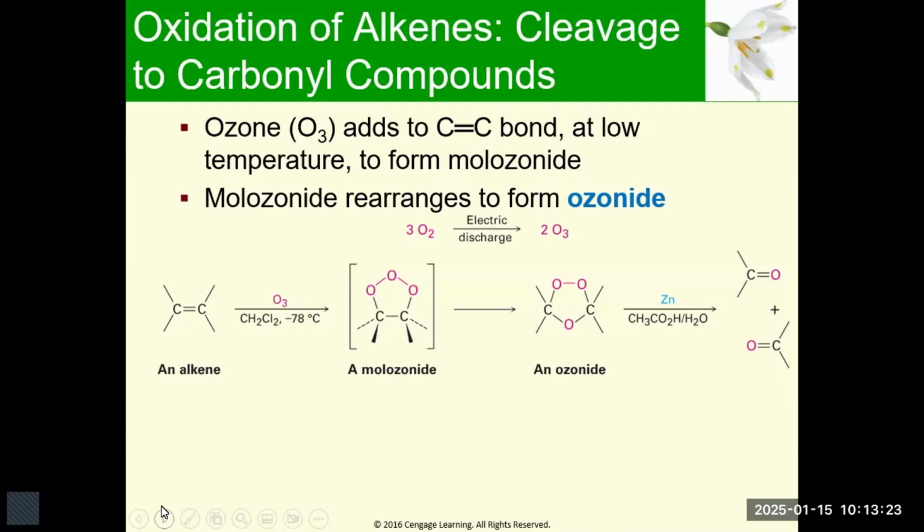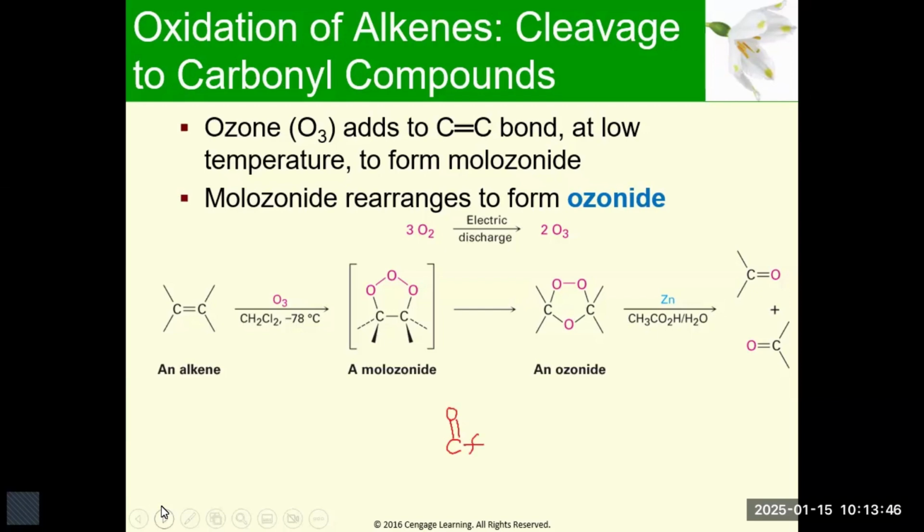So a very popular reaction that you're going to see is the cleavage to a carbonyl compound. And if you remember, carbonyl compounds are compounds that have a carbon that's double bonded to an oxygen.